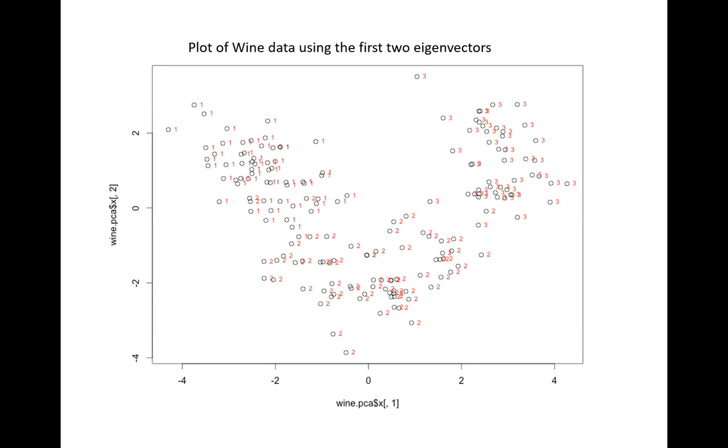You can see that the points marked with 2 are quite different from points marked 1 or 3. They are all lying at different places. So what this plot is telling us is that even in 2 dimensions, we can get a fairly good separation between 3 different classes of wines by just using the first 2 features in the transformed space.